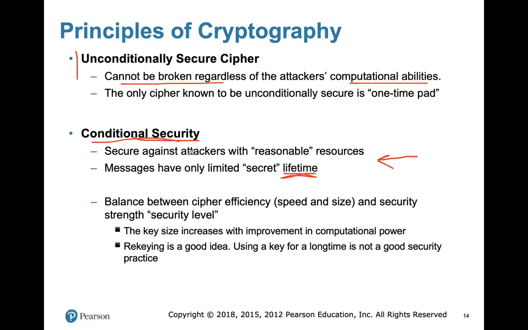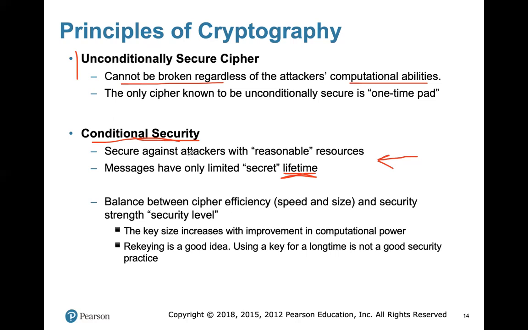Or let me give you another example. Social security number is a very important piece of information in everybody's life. But how long is that information important? Isn't it true that we say that information is only important in the lifespan of that individual?